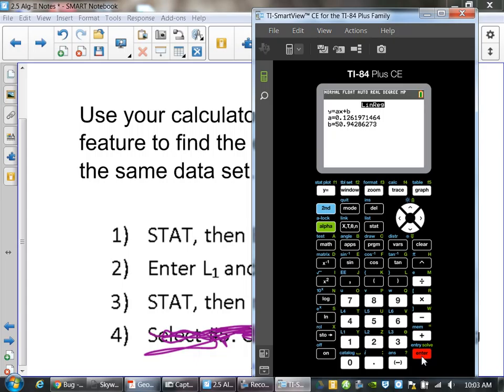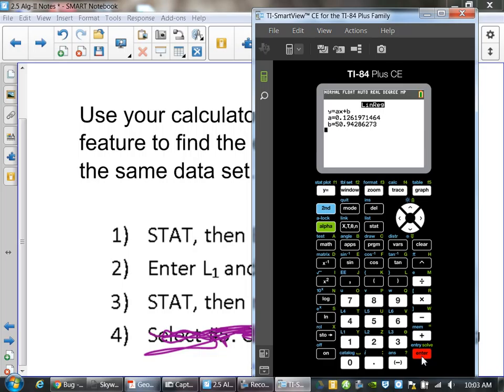Where did you get to the Lin Reg? Yours should be now, I think, in the y equals tab. Yeah, hit enter. You have to hit enter one more time. If it just says Lin Reg on the screen, hit enter, and it should calculate out.